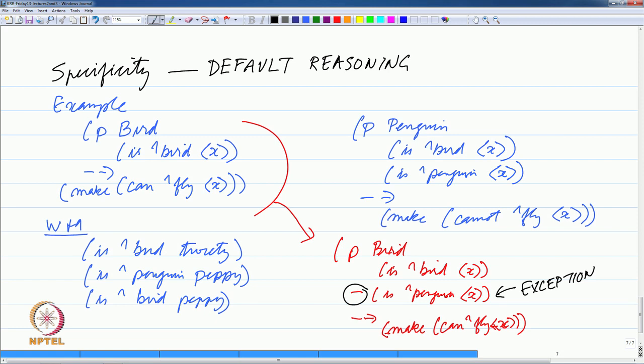If we have less information, we can make some different conclusions. In this case, if we know that something is a bird, we can go ahead and infer that it can fly. But if we also know that it's a bird and a penguin, then we can make an inference that it cannot fly essentially.